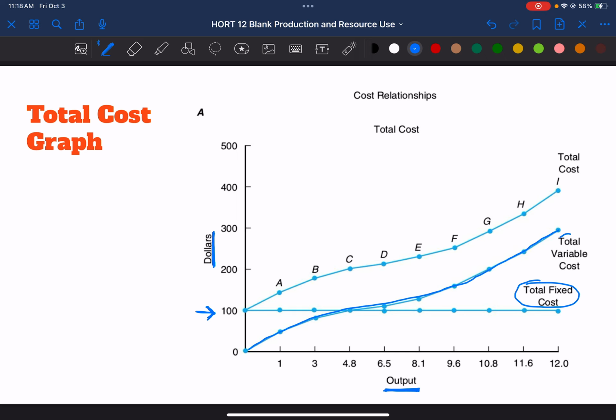The total variable cost starts at 0 because to produce 0 products, we have 0 variable costs, and then it goes up. The total cost, which remember is equal to the variable costs plus the fixed costs, mirrors the variable costs, but just 100 units up because we're adding the fixed costs in. So it's the same shape and it's parallel, it's just higher up on the graph. That's how we graph those 3 types of costs.